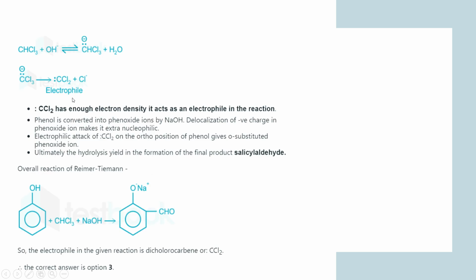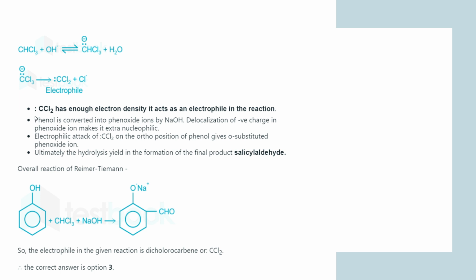Out of the 4 orbitals of carbon, 2 orbitals will be empty for the carbene, and it is a highly electron deficient moiety. This electron deficient moiety is known as carbene, and it acts as the electrophile in this particular reaction.